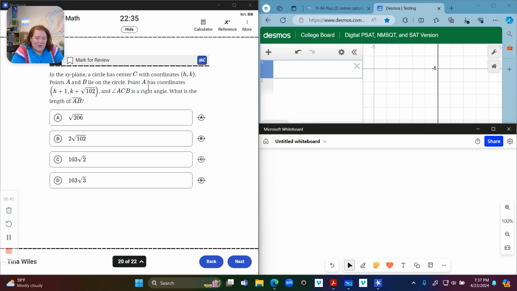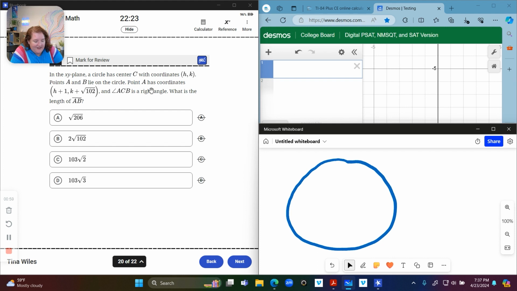So number 20: in the XY plane, a circle has center C with coordinates (h, k). So here's my circle, and this is the center, (h, k). Points A and B lie on the circle. Point A has coordinates (h + 1, k + √102), so that means I moved over 1.